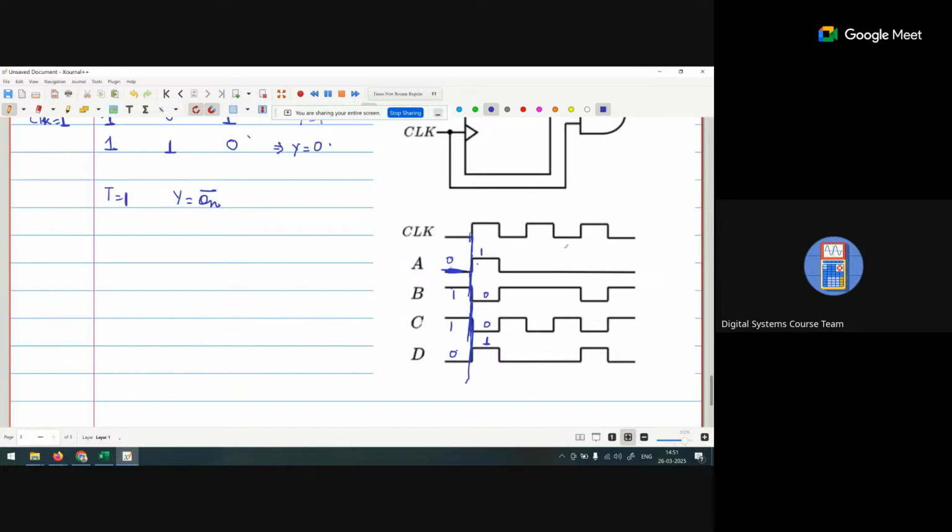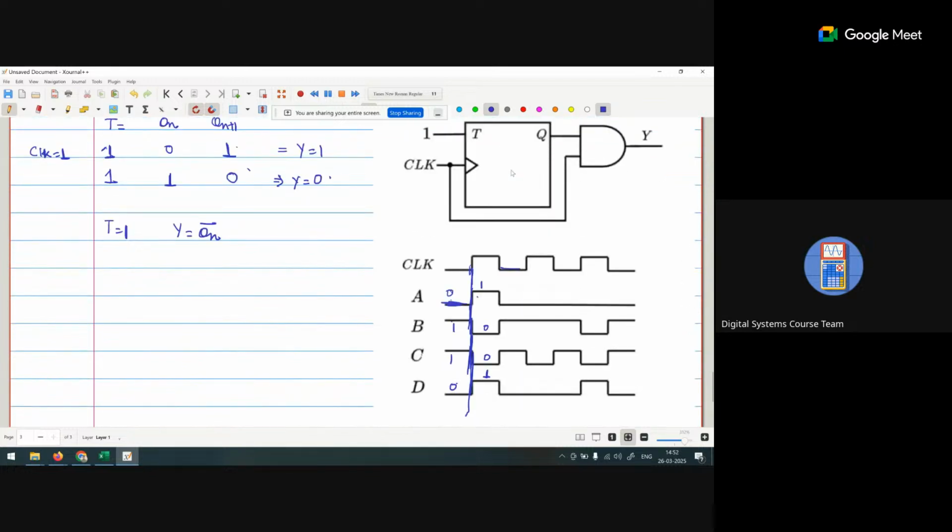Now we go to the clock 2. This is the clock. When clock is 0, we are getting a 0 output.